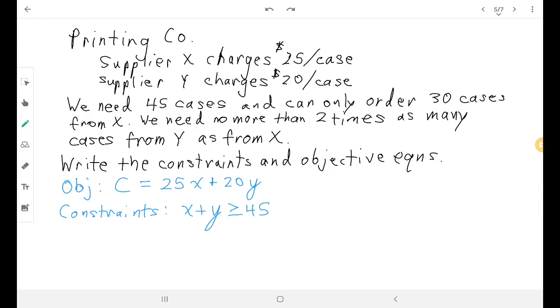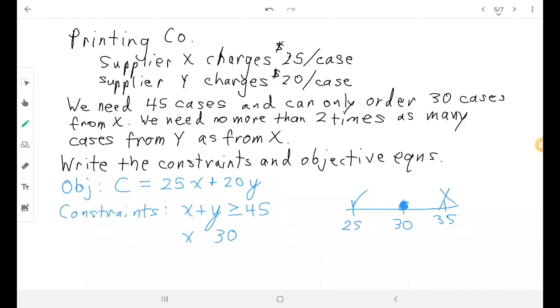So supplier X has some sort of limitation of 30 cases. Let's explore what that limitation is. Can I order 30 cases? Yes. The wording allows me to order 30 cases. Could I order 35 cases? No. I can only order up to 30 cases. Could I order 25 cases? Well, sure, why not, right? I could order less. I can only order up to 30 cases.